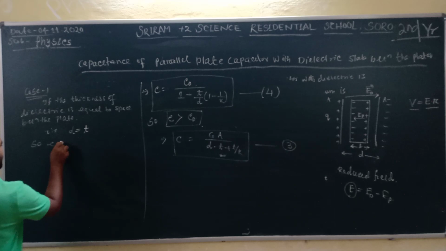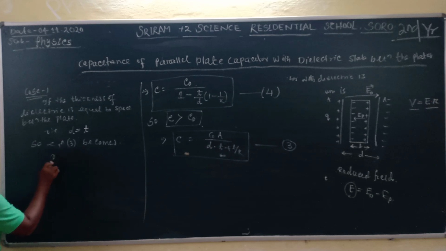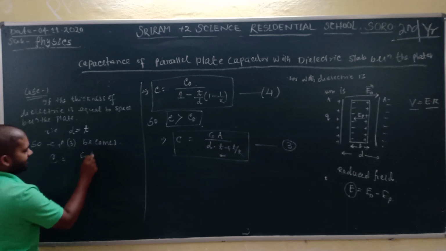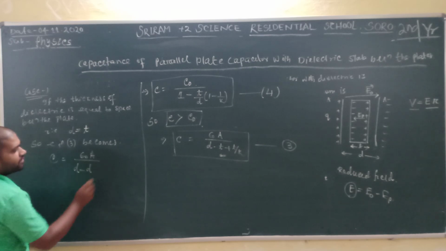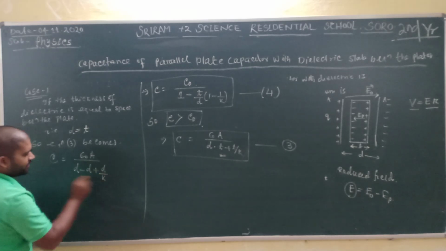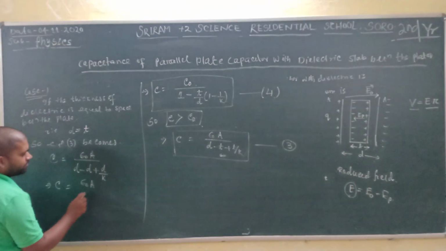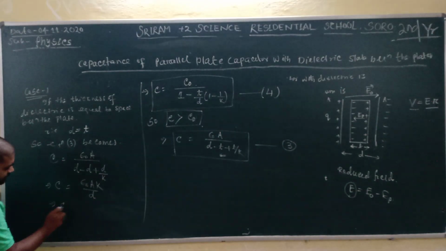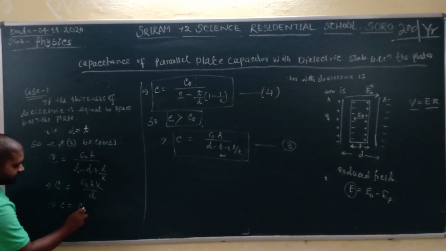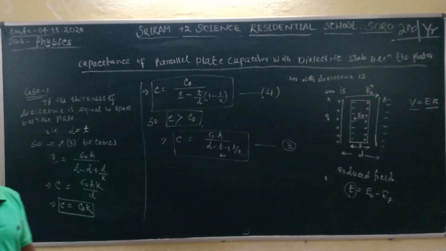So equation 3 becomes C equals epsilon naught A divided by D minus D plus D divided by K. So that's why C equals epsilon naught A K divided by D. So that implies C equals C0 K.